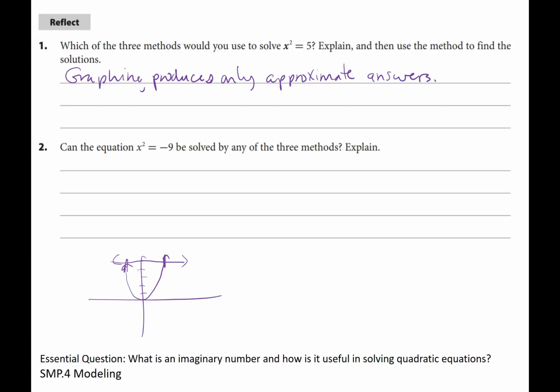The factoring method. Okay, so if I did this by factoring, I'd have to start by subtracting 5. So x squared minus 5 equals 0. This isn't a square number, so I can't use difference of squares factoring.